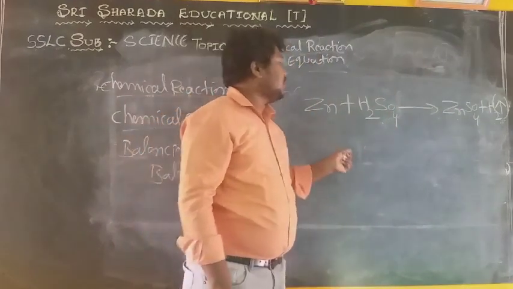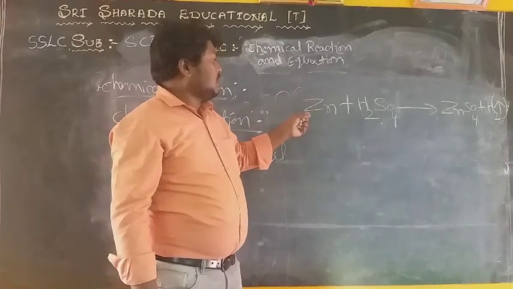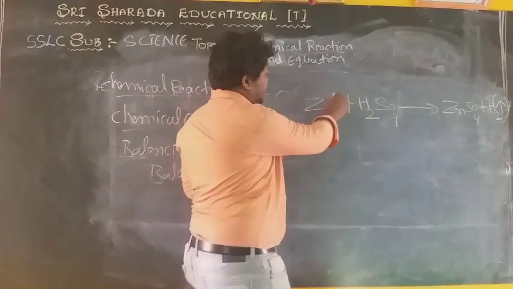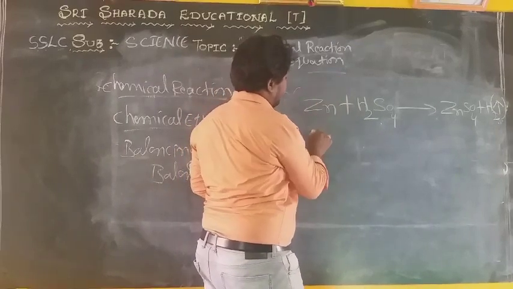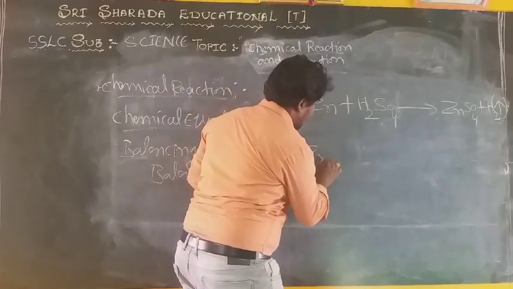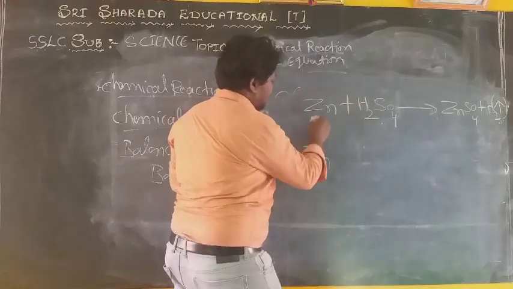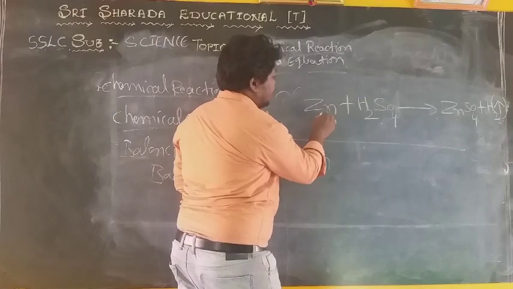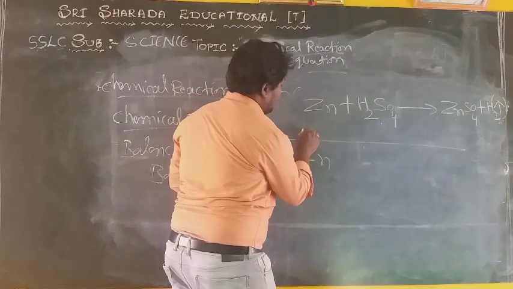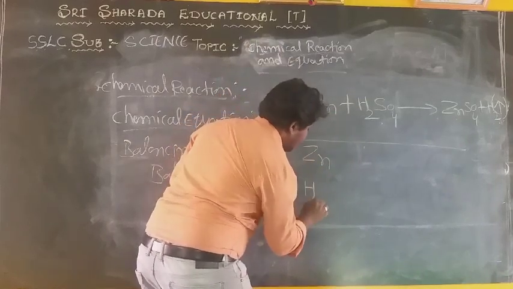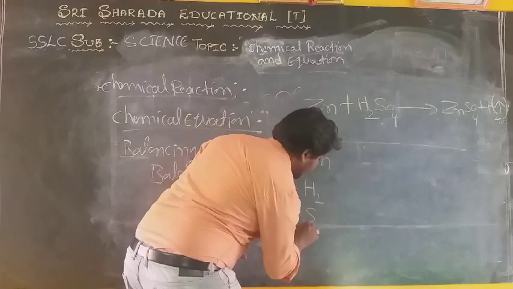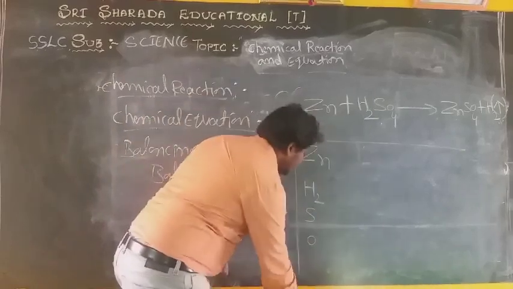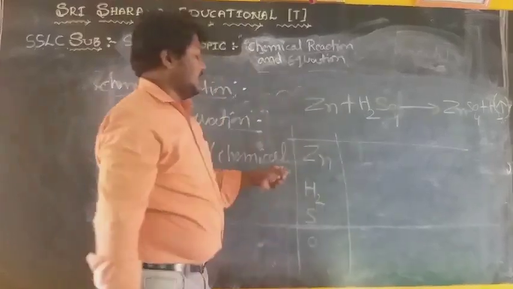Okay, so here, when we count the atoms of the LHS, the reactant side, first we should make a table: zinc, hydrogen, sulfur and oxygen. These are the elements present in the chemical equation.